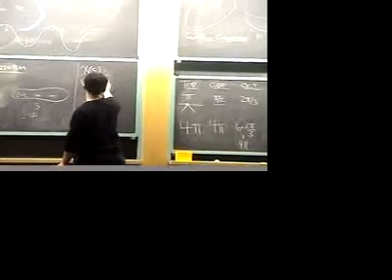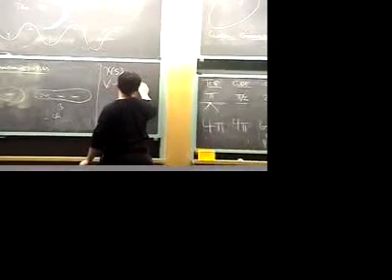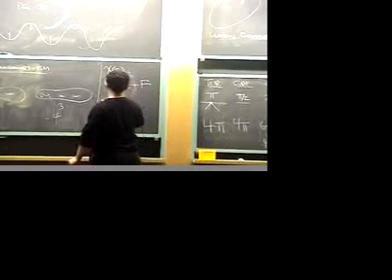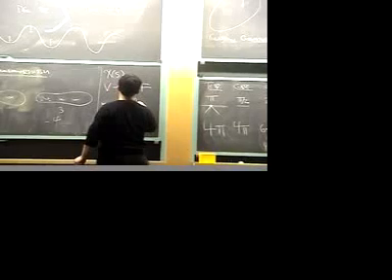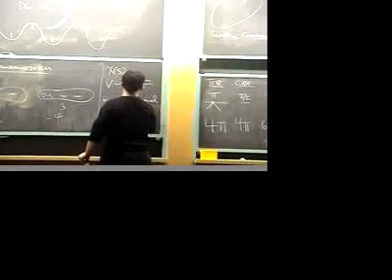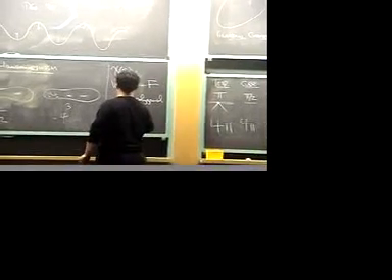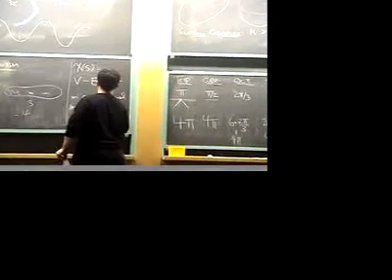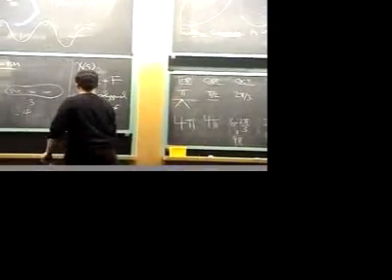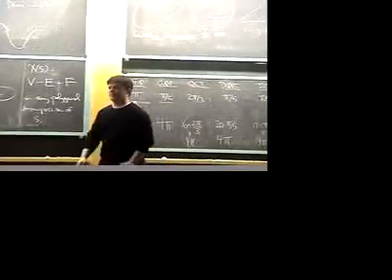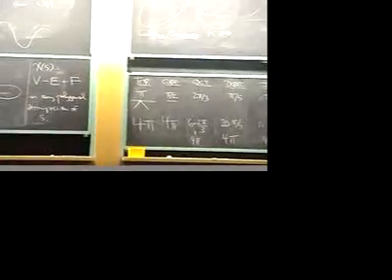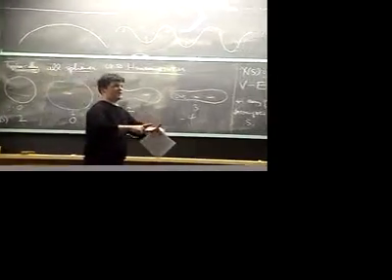Sorry. The Euler characteristic has a combinatorial definition. It is the number of vertices minus the number of edges plus the number of faces in any polygonal decomposition of S. We put a bunch of lines and vertices, connect them up and decompose the surface into polygons, meaning that they're just disks.